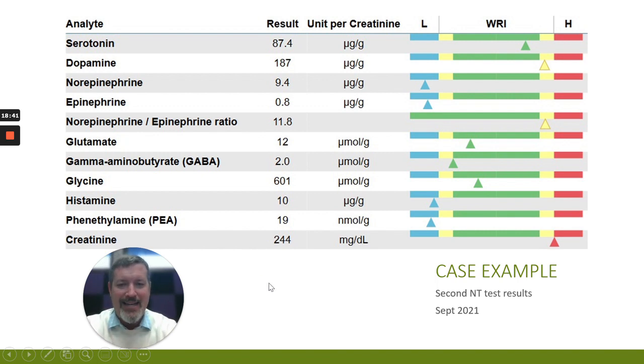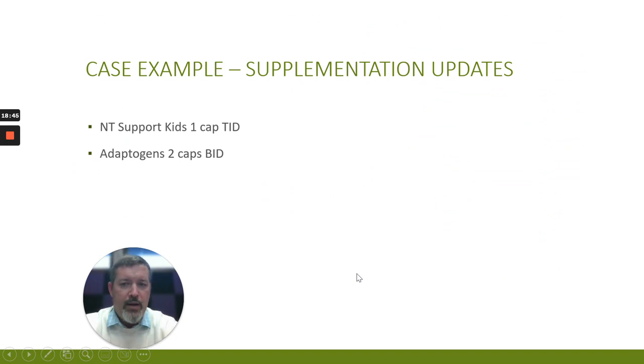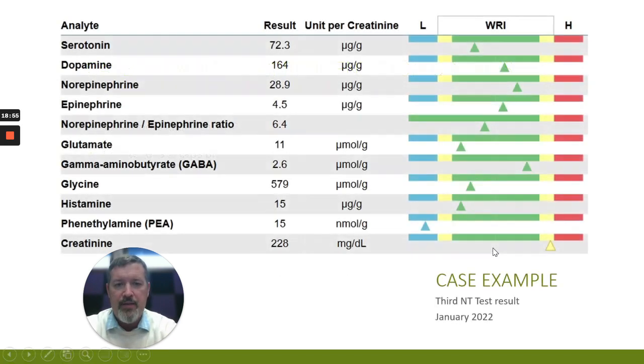So we increased the adaptogens from 1 cap twice a day to 2 caps twice a day, and the neurotransmitter support to 3 times a day. A few months later, lo and behold, everything is moving in the right direction, except serotonin, which we ended up increasing based on that.